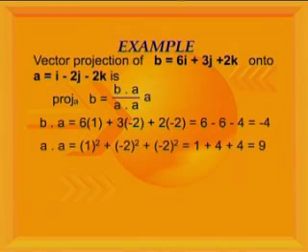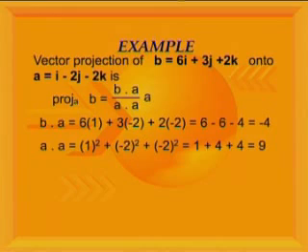And A dot A is equal to 1 square plus minus 2 square plus minus 2 square, which is equal to 1 plus 4 plus 4, which is equal to 9. So the scalar quantity B dot A divided by A dot A will be equal to minus 4 by 9.